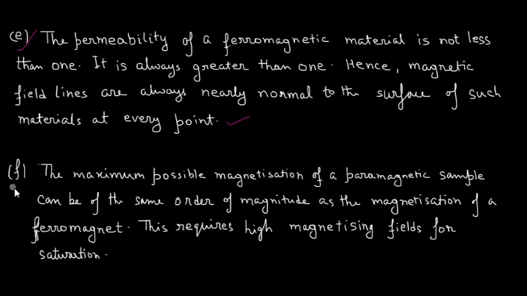So, the maximum possible magnetization of a paramagnetic sample can be of the same order of magnitude as magnetization of the ferromagnet. This requires high magnetizing fields for saturation.